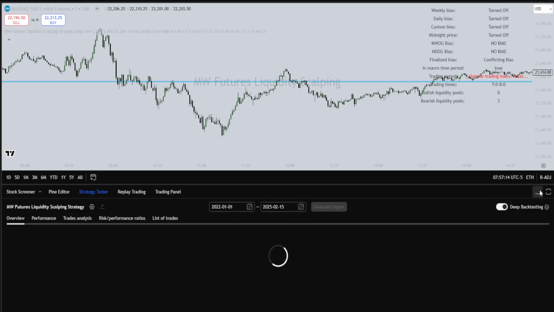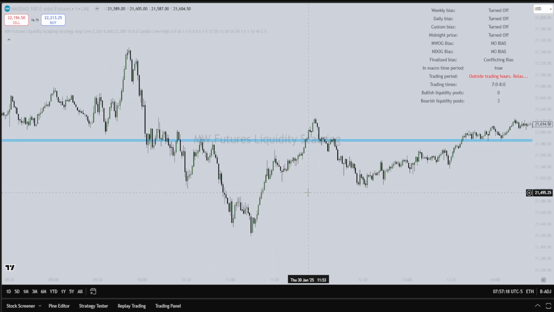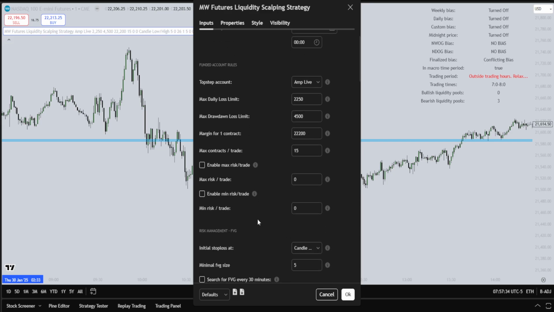But the essential takeaway from this particular tutorial is: figure out the trading times that fit your needs, play around with the settings, and start filtering out the characteristics of the good, winning trades and the characteristics of the losing trades.